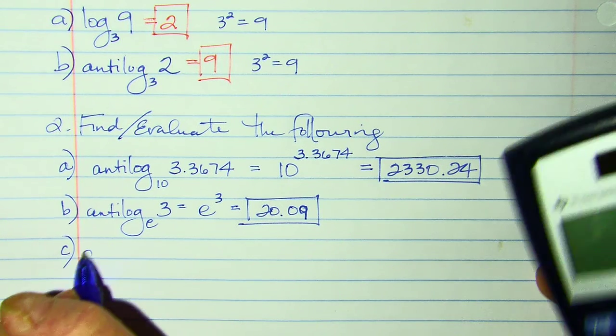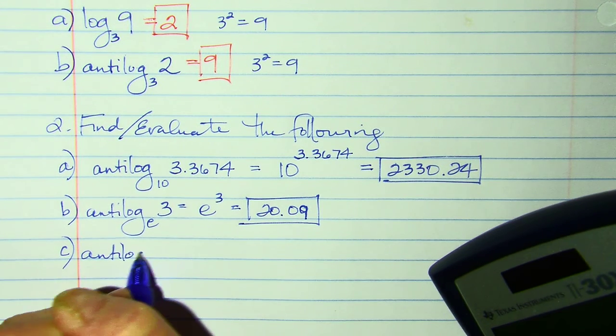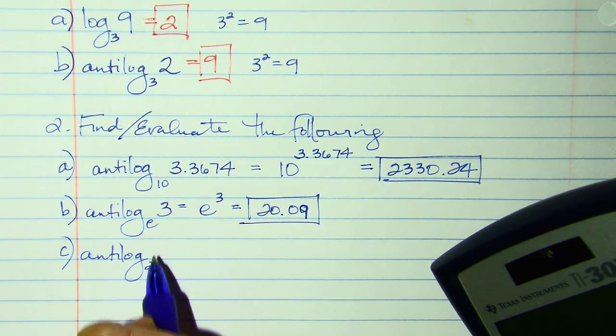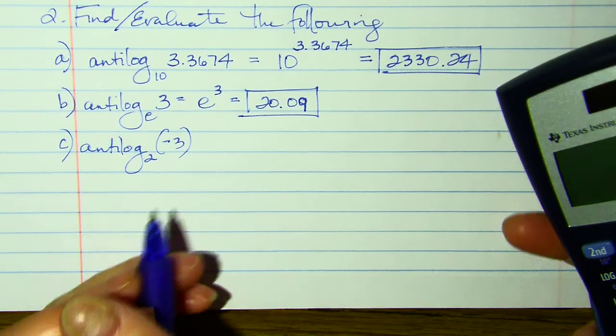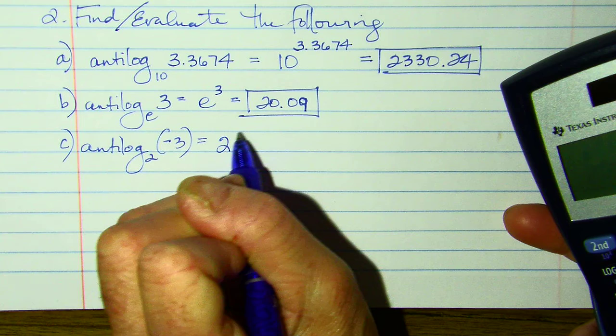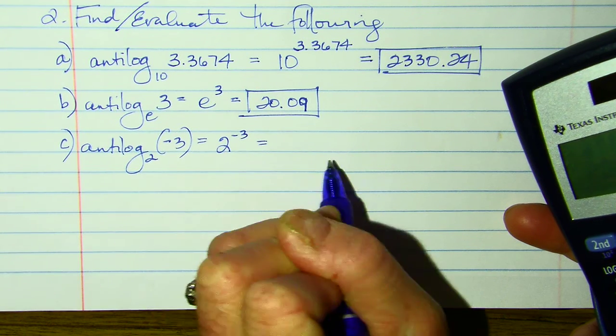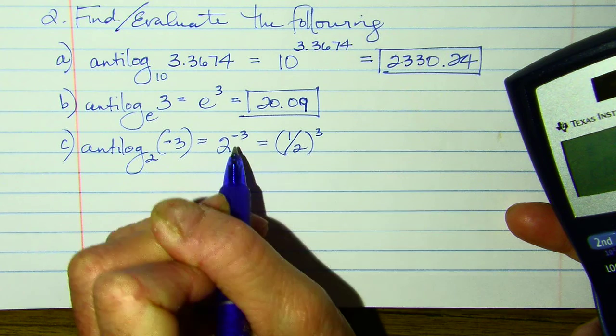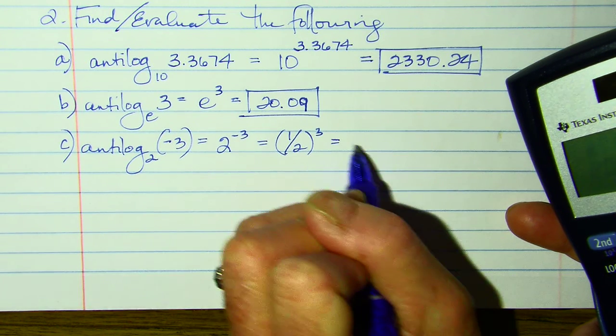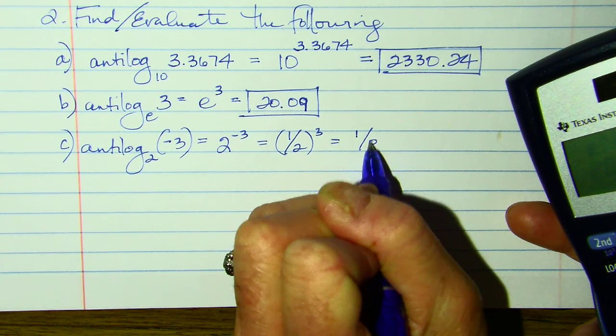Next one, what is the antilog base 2 of -3? And I'm going to do that without a calculator. So they're asking what is 2 to the -3rd. Well, that would be 1 over 2 to the third, because the negative makes us write a reciprocal, and 1 over 2 to the third is 1 over 8.